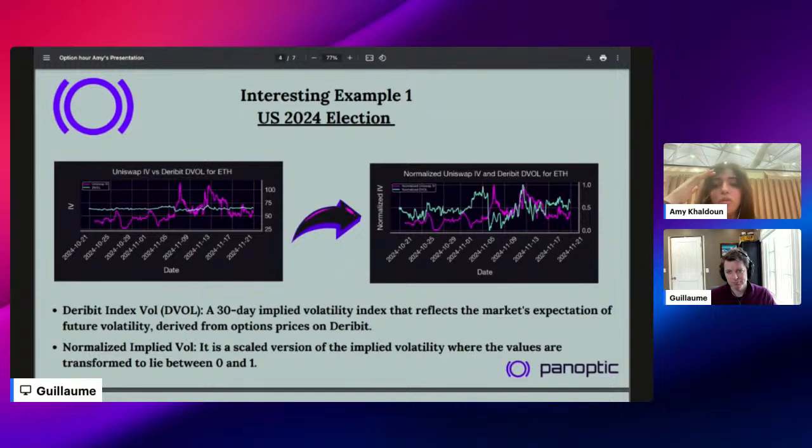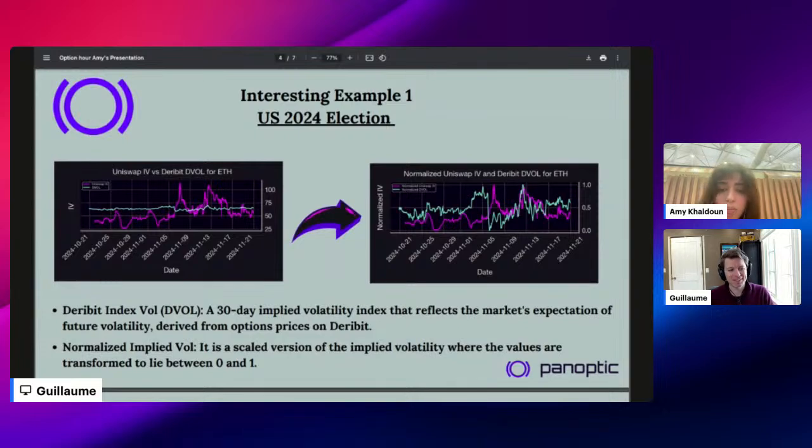DVOL, or Deribit Index Vol, is a 30-day implied volatility index that gives us market expectations of future volatility based on Deribit's option prices. And for better comparison, we've normalized these values to a 0-1 scale, which helps us better visualize the relative movements between the two exchanges.